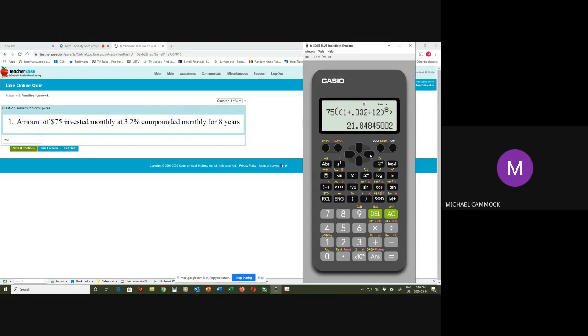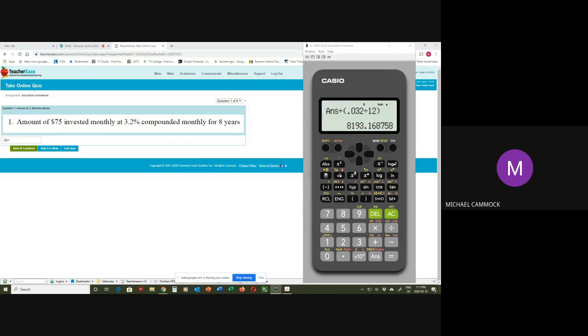I'm going to divide that by open bracket, 0.032 divided by 12. So here's my answer now: 8193.17. It's the same thing again. Okay, folks, hopefully that all made sense to you.